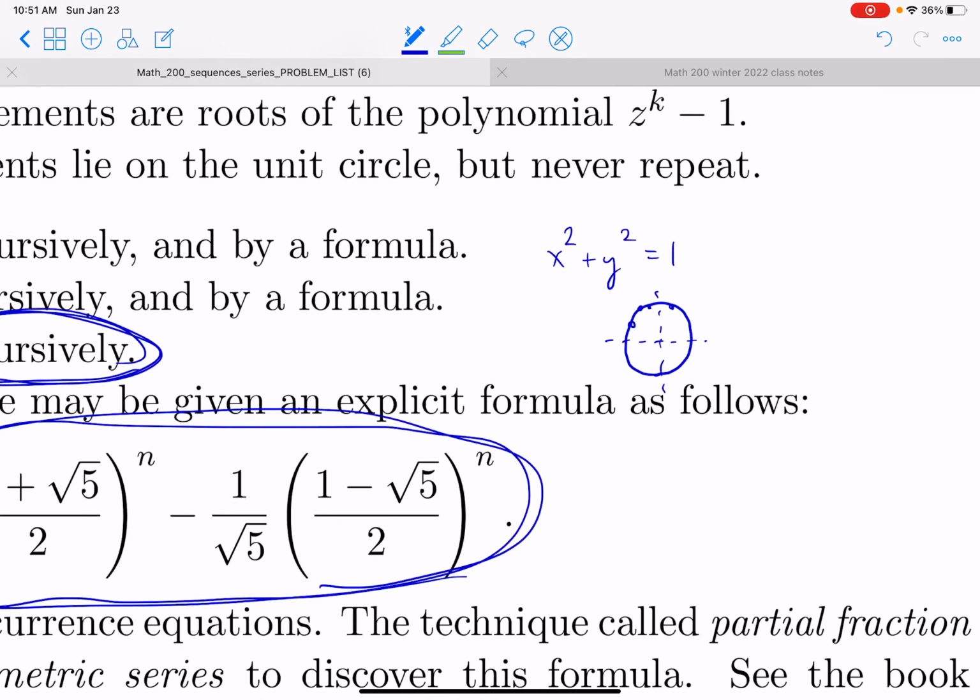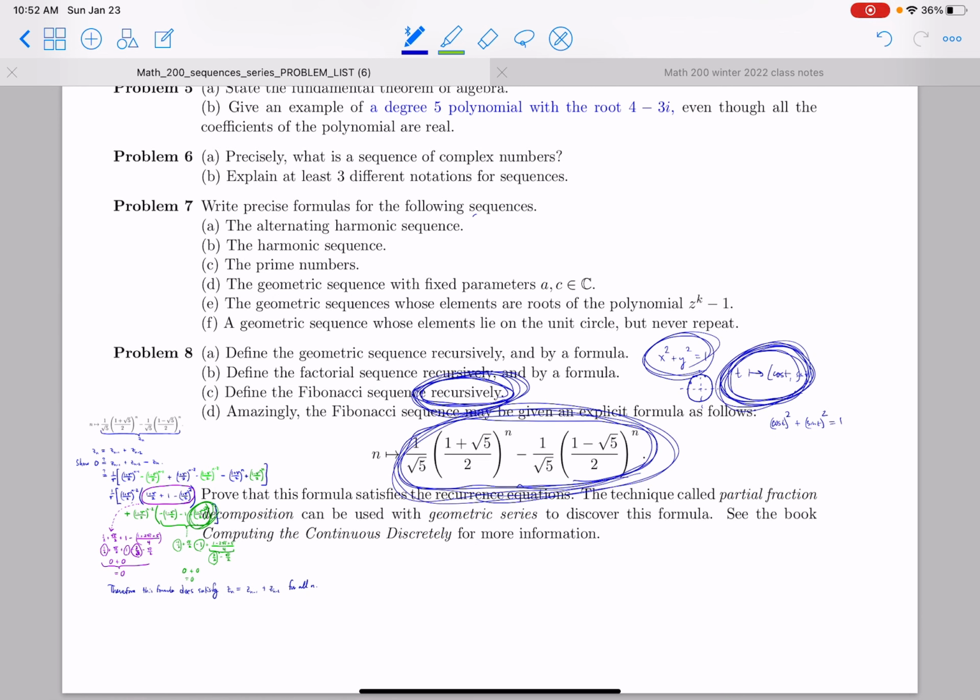Here we had given equations for the Fibonacci sequence, and we had produced an explicit formula. Well, actually, we didn't produce this formula. I just gave it to you, and you verified that it was correct. Okay, so that's sort of like taking this cos and sine and plugging into the equation, and just verifying that, oh yeah, that is true. And so you verified that this is a correct formula, generating points on this equation. All right, that's problem 8.